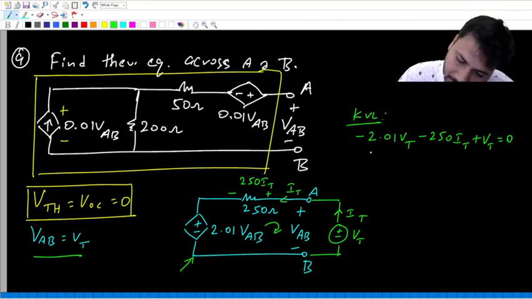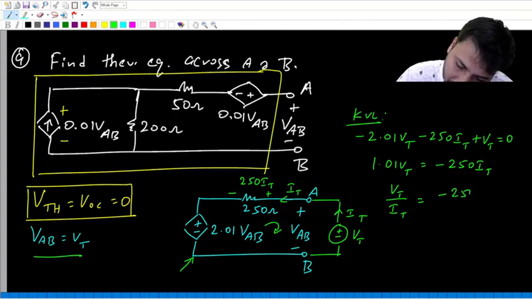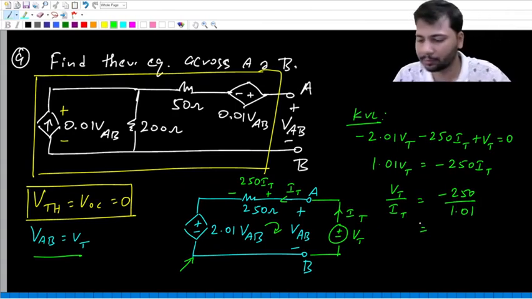I think 1.01 VT equal to minus 250 IT. So what is VT by IT? It is minus 250 by 1.01.